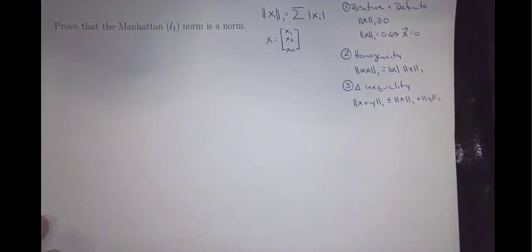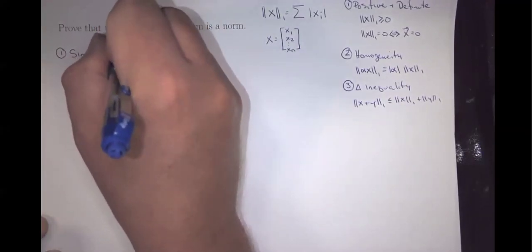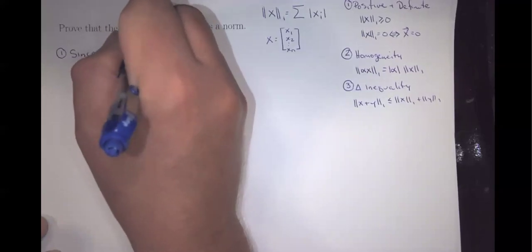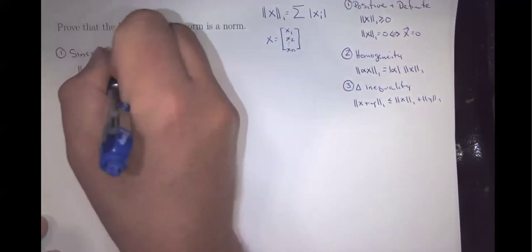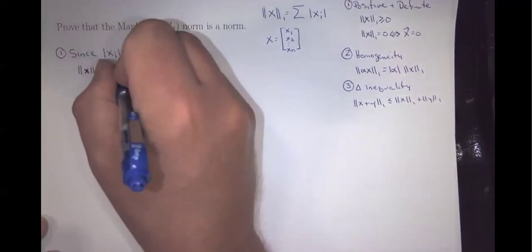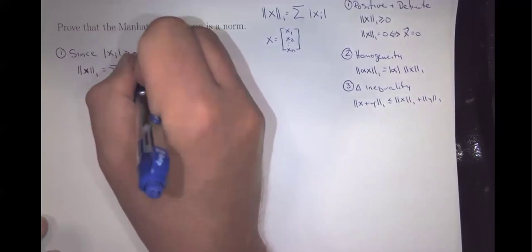And so for positive definite, since each component xi by absolute value is greater than or equal to 0, we know that the sum of those has to be greater or equal to 0, which means that for any vector x, the one norm, which is just the sum of these xi's, is greater or equal to 0.